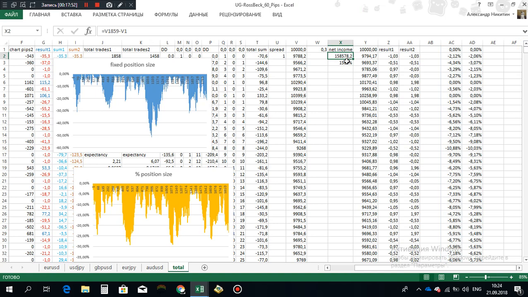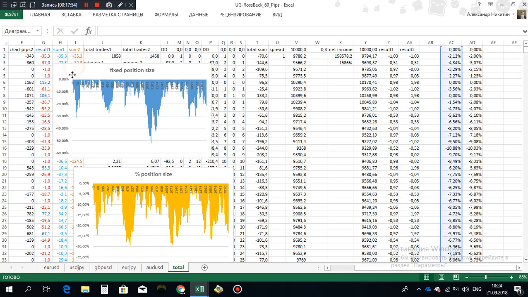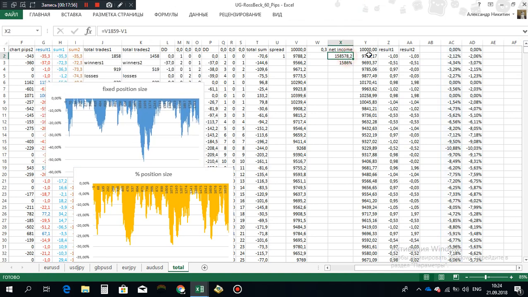Okay, the net income here is, let me change it into Y, and let me change it into Y as well. I will calculate it from this column. So this is the number of percentages.